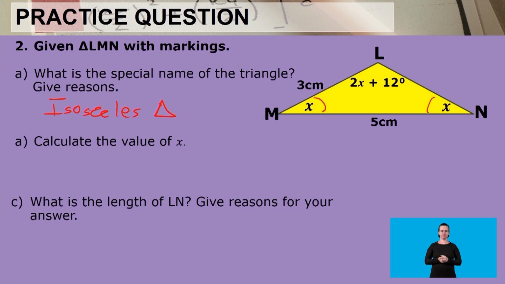So we then do the same. We say x plus x plus 2x plus 12 degrees equals 180. Again, I always said, when you make a statement, you need to have a reason for it. We are saying this is the sum of angles of a triangle.